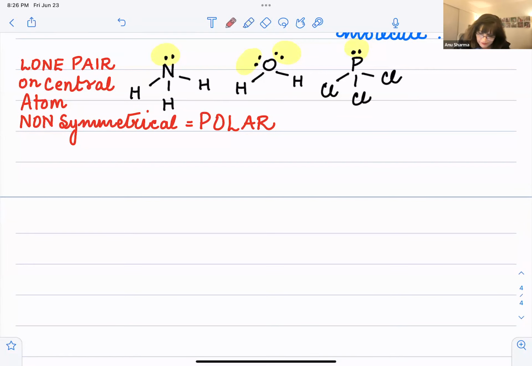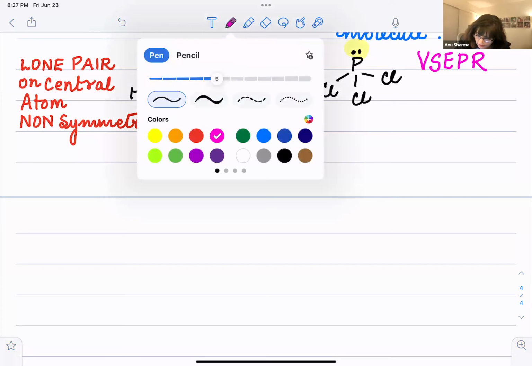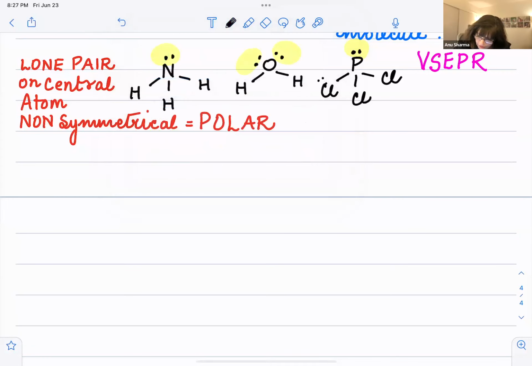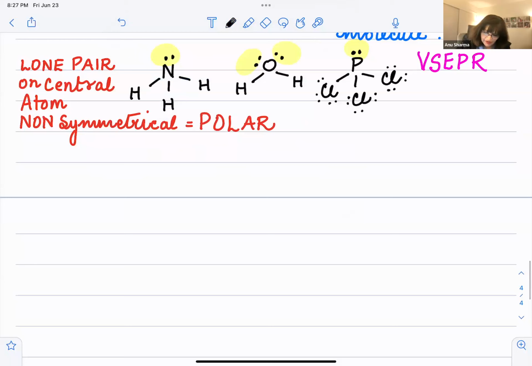And remember, it's VSEPR theory: valence shell electron pair repulsion. So these lone pairs are pushing the bonded atoms further away, right? So let's just put the dots also. 1, 2, 3, 4, 5, 6. 1, 2, 3, 4, 5, 6. 1, 2, 3, 4, 5, 6. So that's going to make it polar.